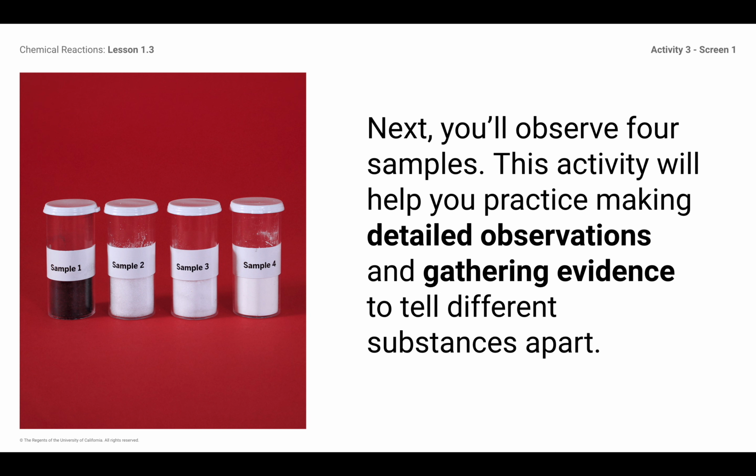But what if we have four vials that share properties? So the kids had these four samples, and we just called them sample 1, 2, 3, and 4. And they spent some time making detailed scientific observations and gathering evidence to tell whether they thought that the substances were the same or different.